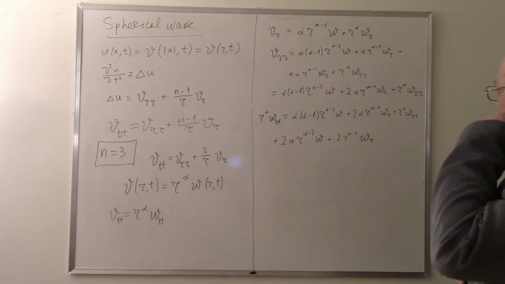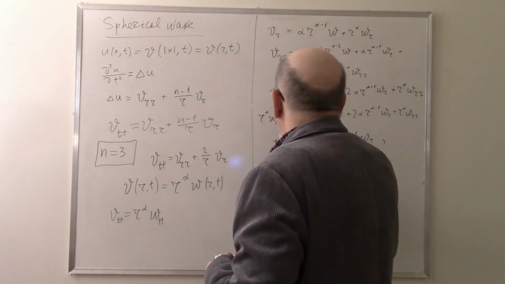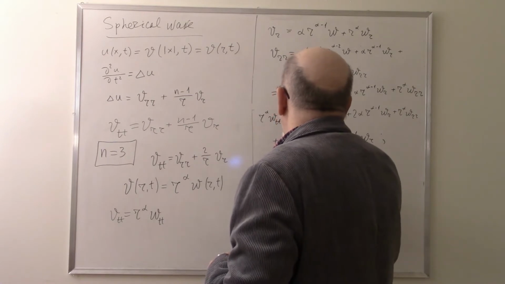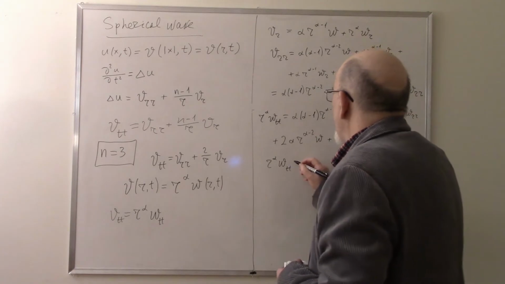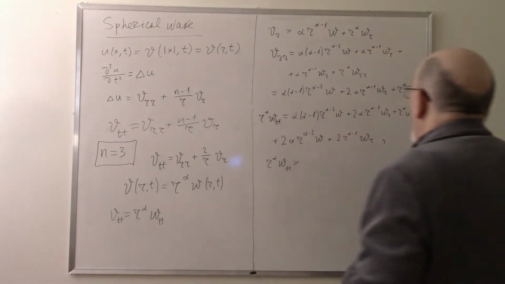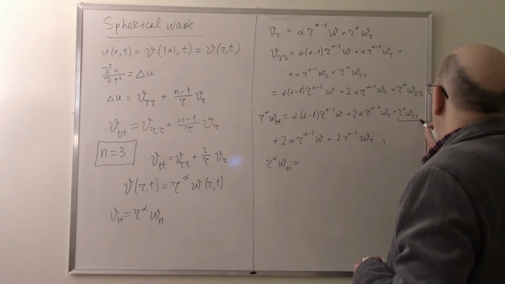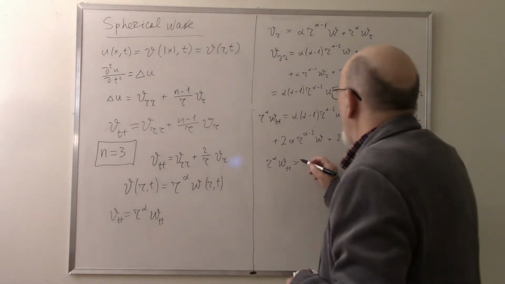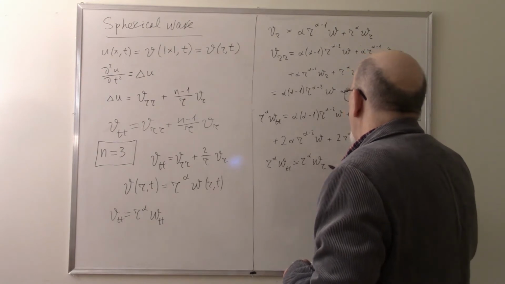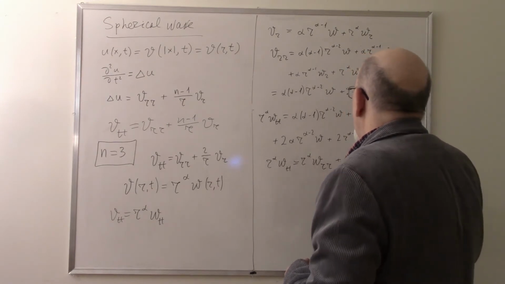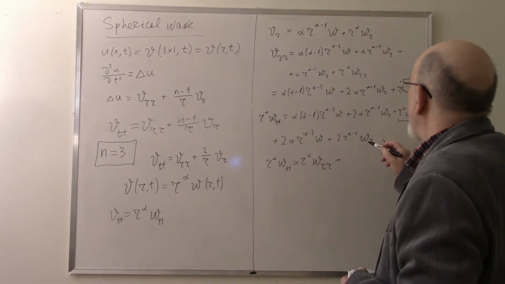Okay, and now let us simplify it. So R to the alpha WTT equals, first of all, R to the alpha WRR plus, what about WR? It is here and here.